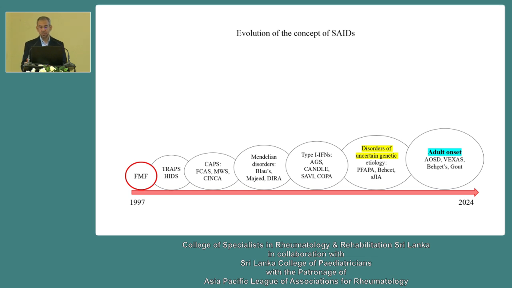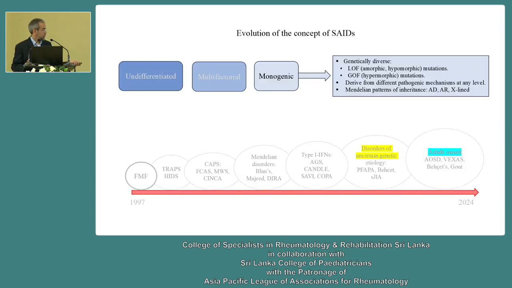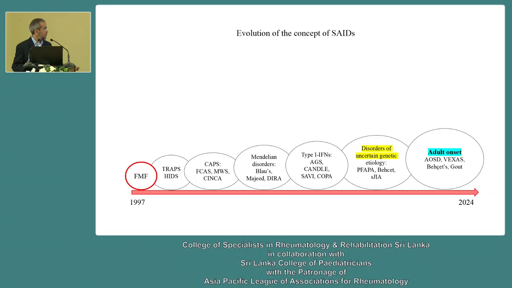However, the concept has been expanded beyond the hereditary recurrent fever syndromes to include several Mendelian diseases like Blau syndrome, Majeed, DIRA, and more than that, disorders of uncertain genetic etiology, like Behçet disease, systemic JIA.